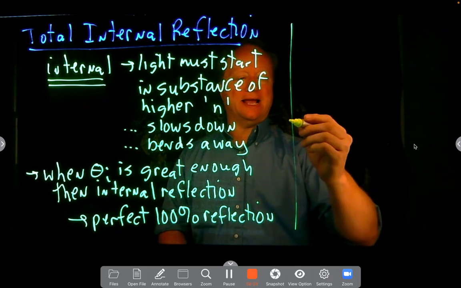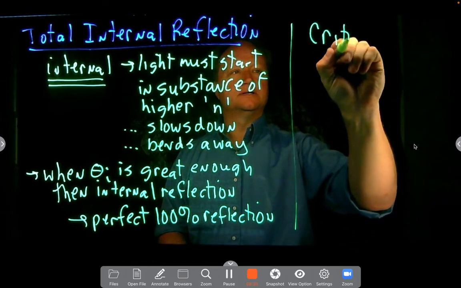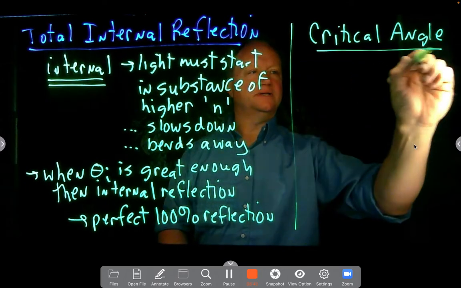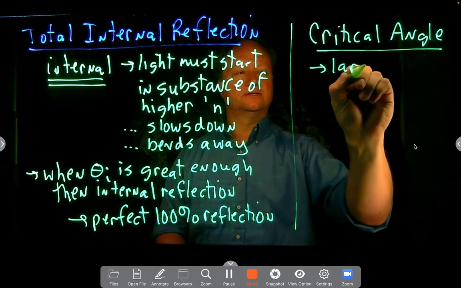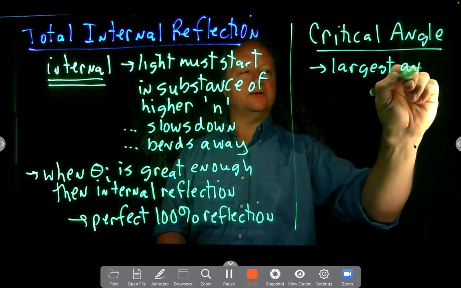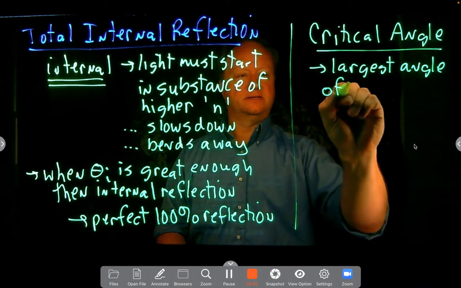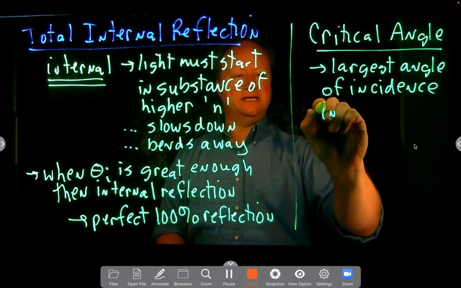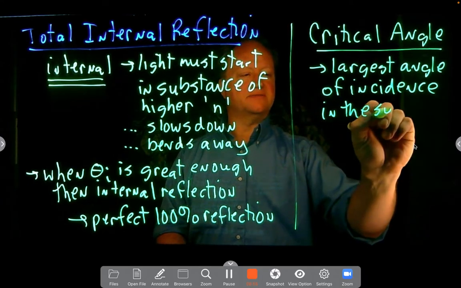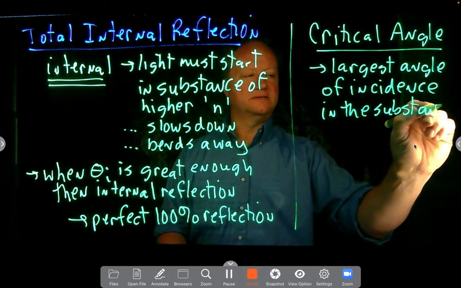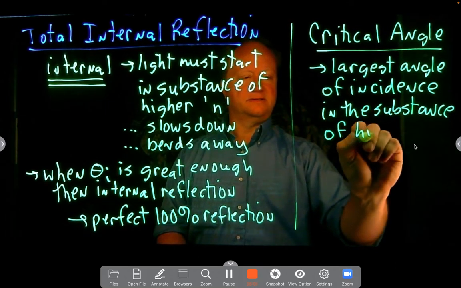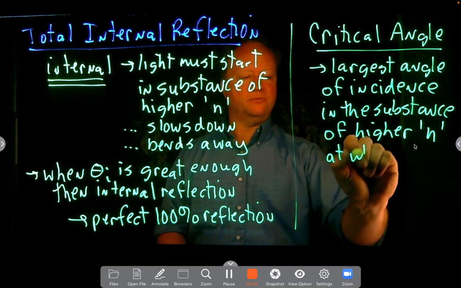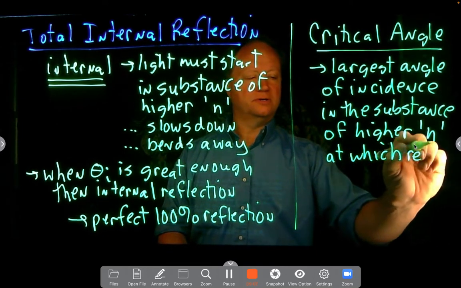So then our angle is the critical angle. And the critical angle is our largest angle of incidence in the substance of a higher n value at which refraction will occur.